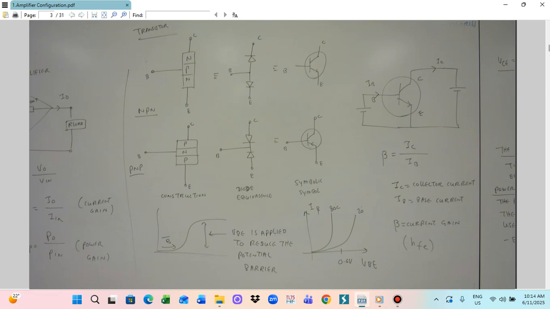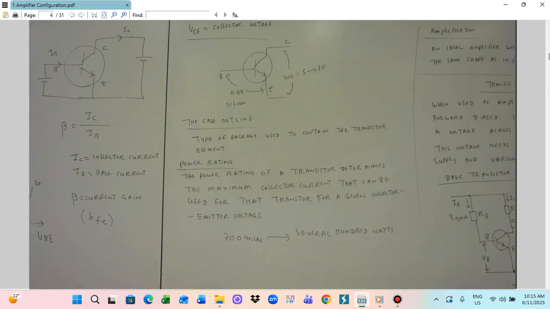The current gain can also be called HFE. Beta is equal to IC by IB. This is the basic transistor equation. Beta values differ from one transistor to another.